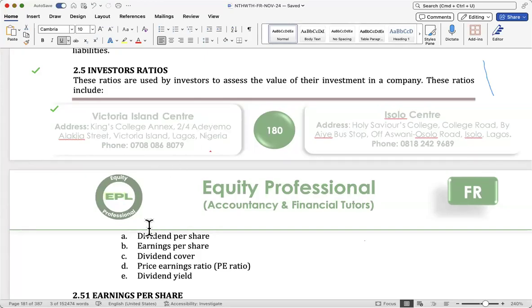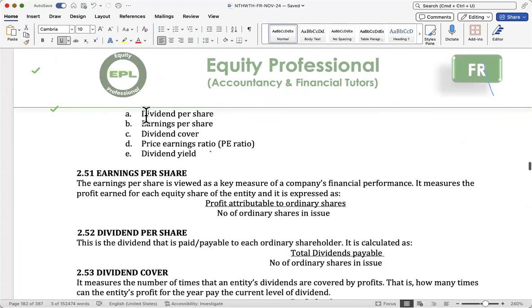So we have dividend per share, earnings per share, dividend cover, price earning ratio, dividend yield, and many more. I've seen them talk about dividend payout ratio. I've seen them talk about net asset per share, and a lot more like that, which hopefully we'll look at very soon.